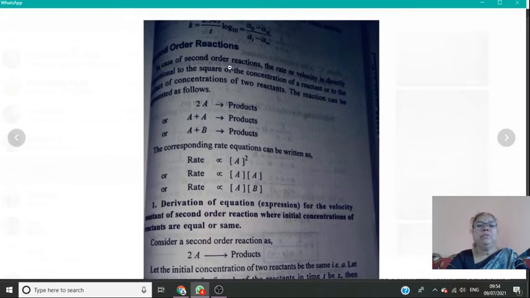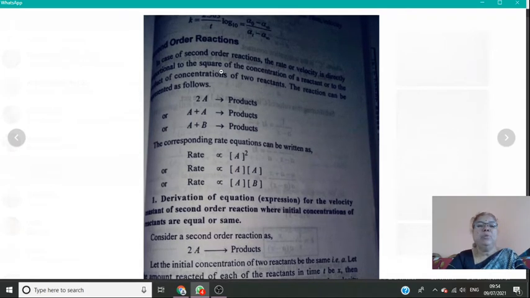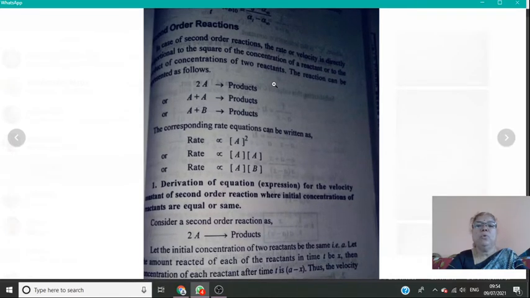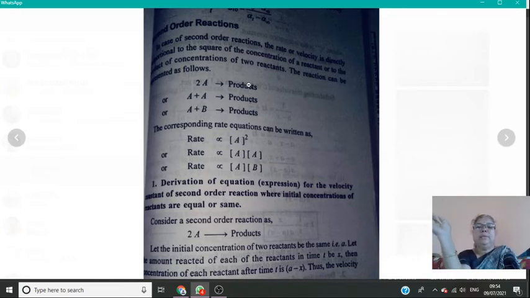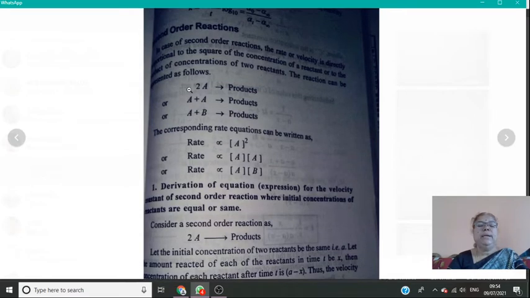In case of second order reactions, the rate or velocity is directly proportional to the square of the concentration of a reactant, or to the product of concentrations of two reactants. You know, the order of reaction depends on the number of reactants whose concentration changes or determines the rate of reaction.